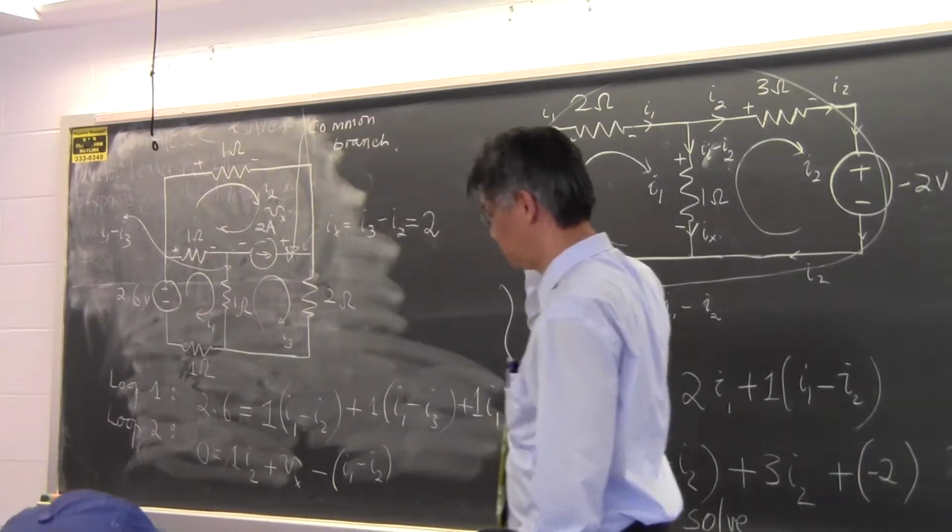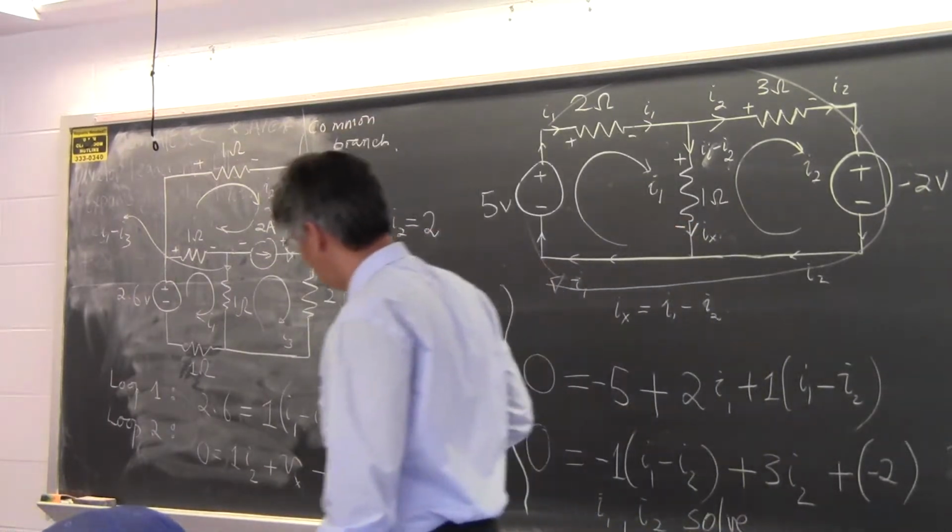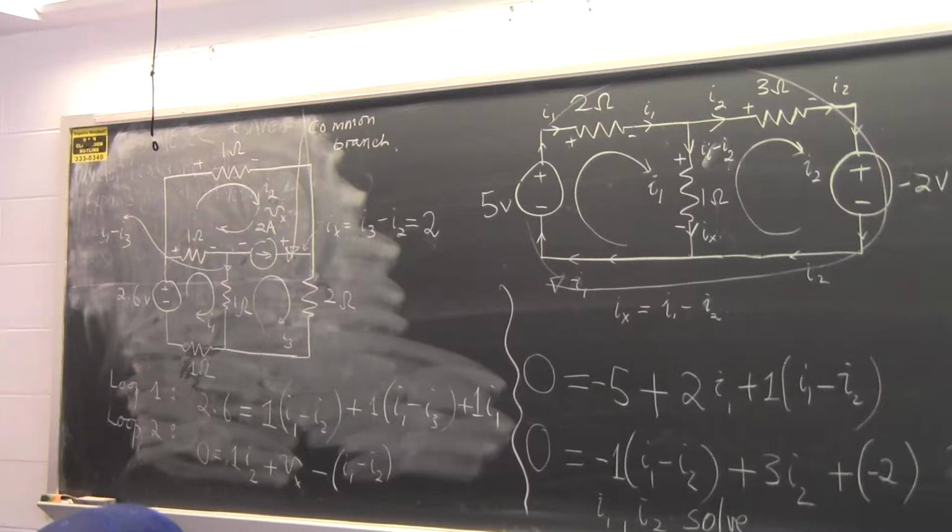That is the Kirchhoff voltage law that you get by walking around in loop 2.